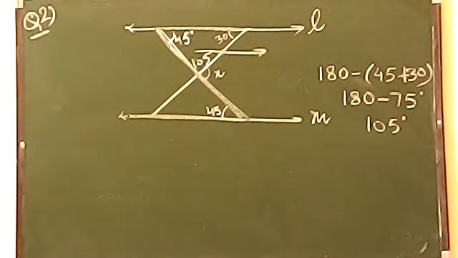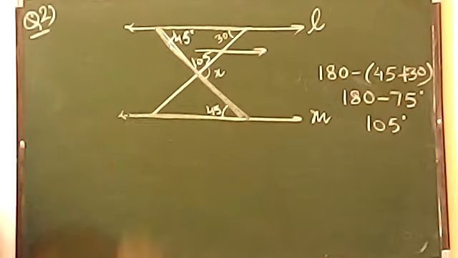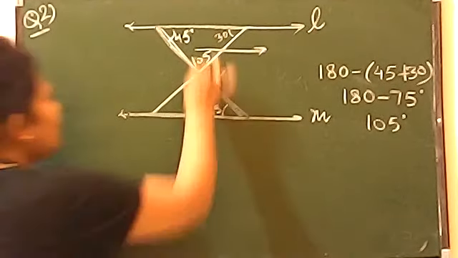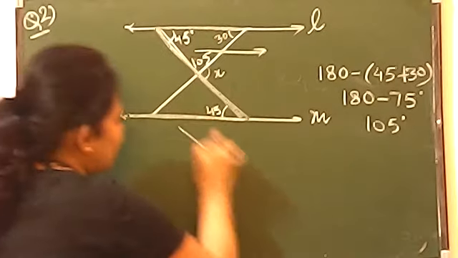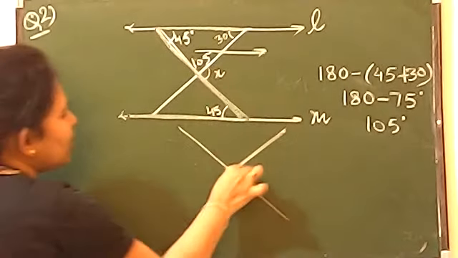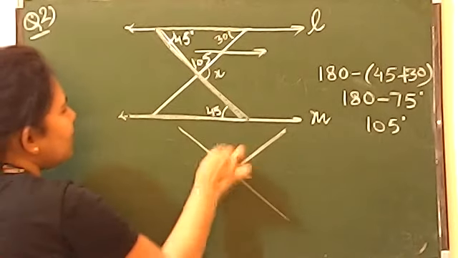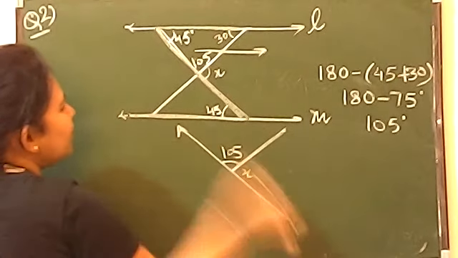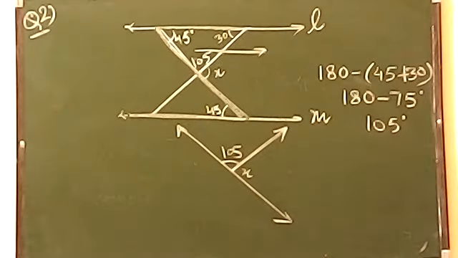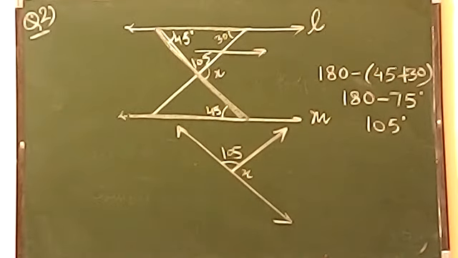ठीक है? अब देखो आपको triangle के तीनों एंगल पता चल गए. ट्राइंगल के तीनों एंगल पता चल गए, और जैसे हमको ट्राइंगल के तीनों एंगल पता चलेंगे, now see this line. This line is this, it is in the form of this one, ये वाला बीच वाला. This is x and this is 105. Now see the figure. Which figure is this? This is a straight line. Straight line means linear pair.